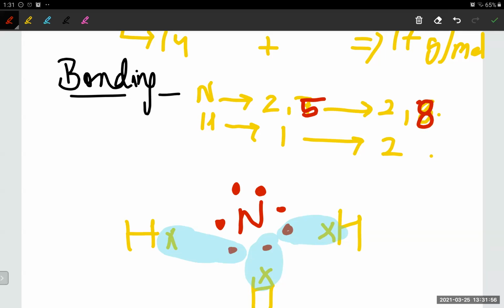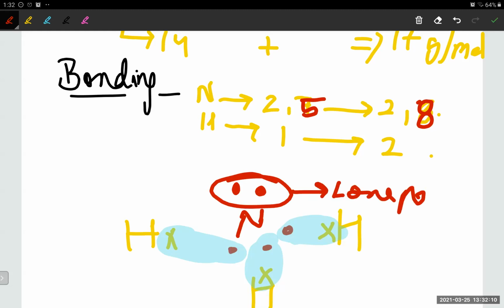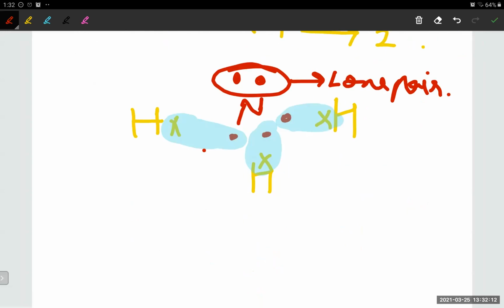Understood? So it's having 5, so let's just erase it. I'm sorry. So here is the correct one. Just make a correction, okay? And this is what? This everybody might be knowing. Lone pair. This is a bonding. So tell me what type of bonding is this? This is a covalent type of bonding.